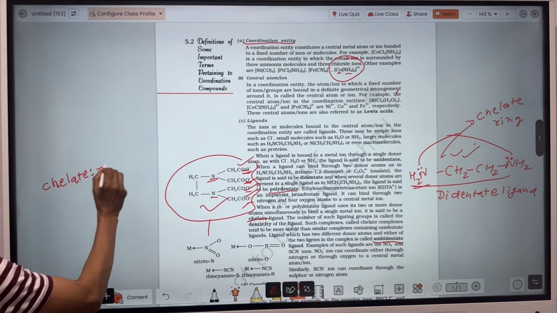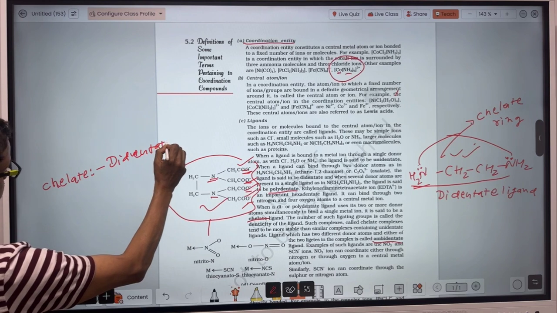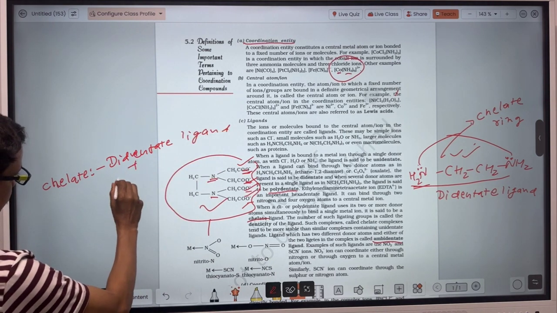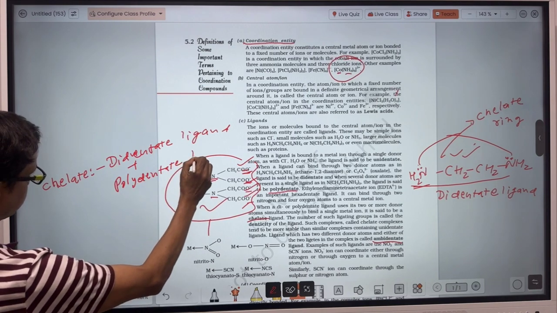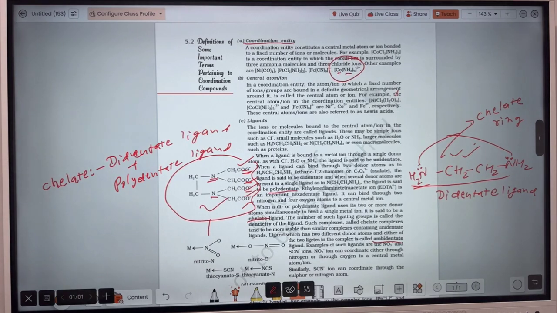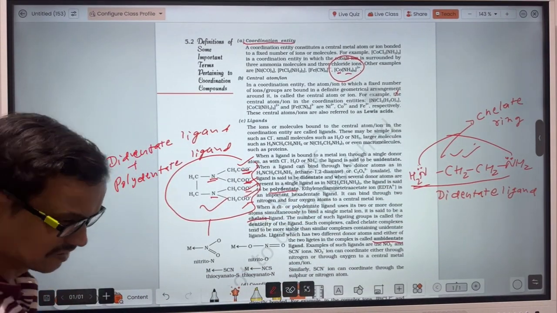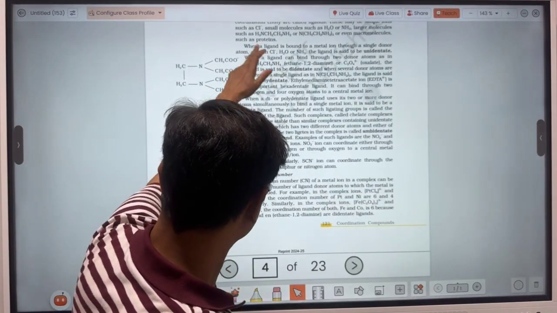Chelate ligand includes didentate ligand as well as polydentate ligand. Okay, ambidentate ligand, I hope this is clear. So that was about the ligand.